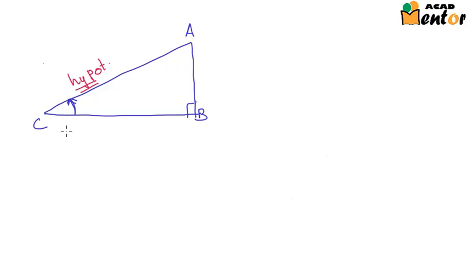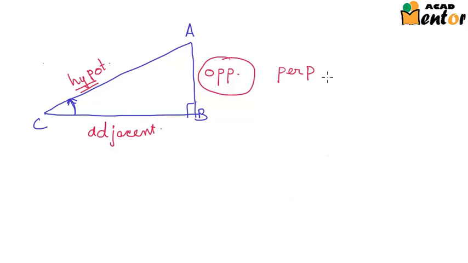So let's see what exactly the perpendicular and base are. CB is the adjacent side for angle C, and AB is the side opposite to angle C. The side opposite to the angle in consideration is always known as the perpendicular, while the side which is adjacent is the base.